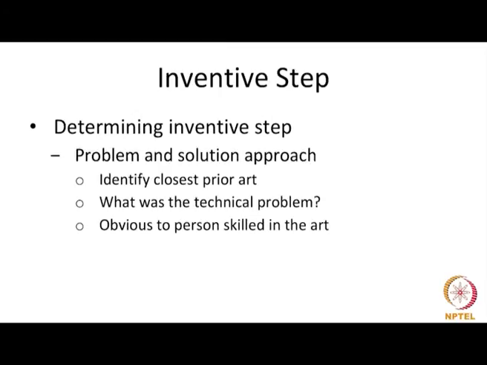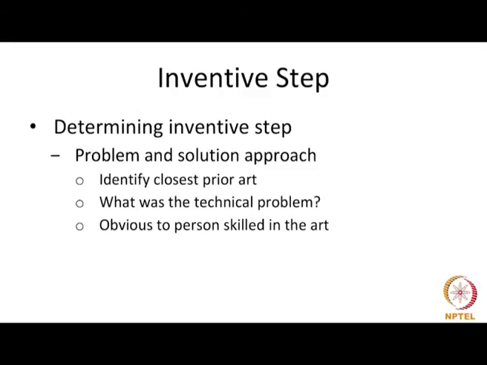So, the problem the first paper clip solved was managing paper without damaging them, and if you look at the prior art, which was just a steel wire, it would have been difficult for a person at that point to envisage a steel wire in such a way that it could be used to hold paper without damaging them. So, this was the problem that was solved by the paper clip.